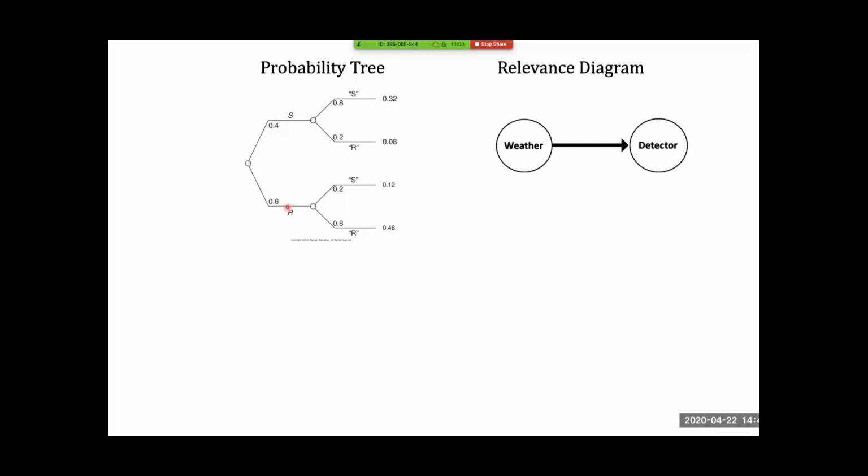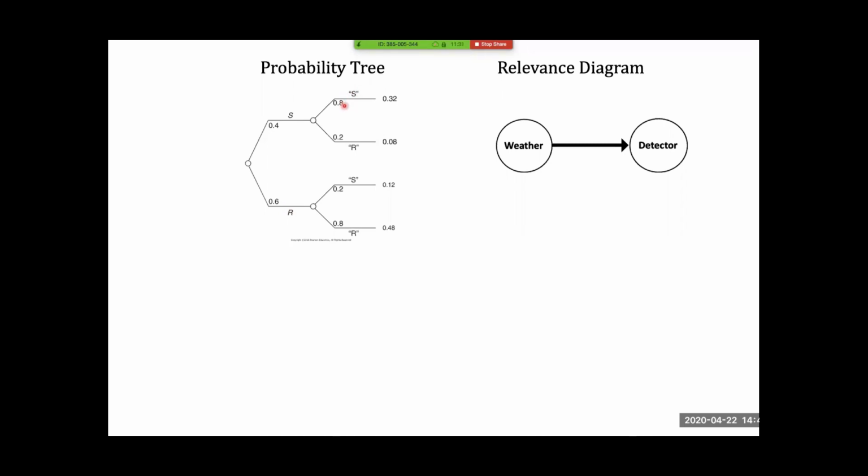or rainy. The second distinction is the rain detector's message. There are also two possibilities in terms of what message you can read from the rain detector, either a sunny day message or a rainy day message. The weather is obviously relevant to what message the rain detector sends, and this is a good, useful rain detector we're looking at.